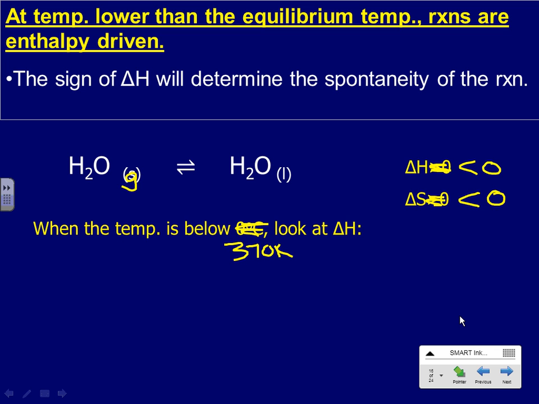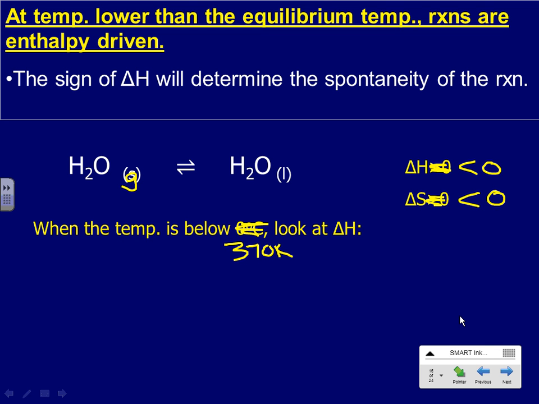So to determine the spontaneity at temperatures below the equilibrium temperature, you're looking at the delta H. Because at temperatures below the equilibrium temperature, the entropy term shrinks, and this dominates the calculation to get the delta G.